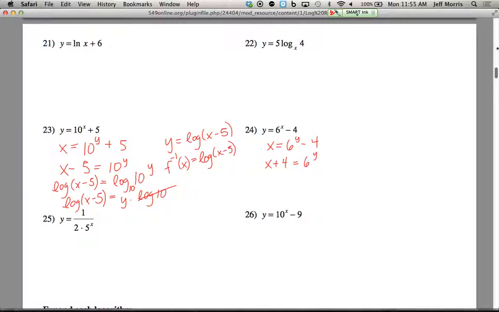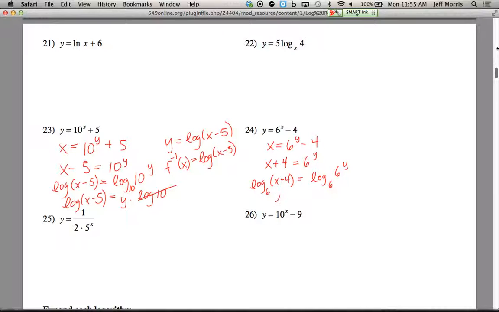What log do you want to use? Log base 6. We'll take log base 6 of both sides. So we'll have log base 6 of 6 to the y. What happens to the log base 6 of 6? Cancel. What's going to happen to the y? We're going to pull the monkey out of the tree, so the y is going to come out front.